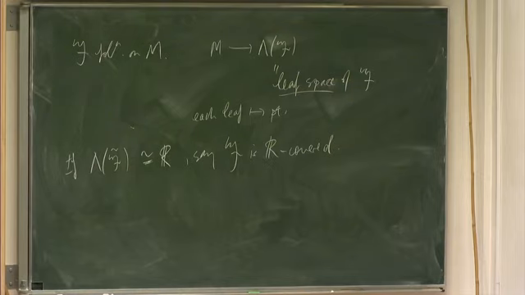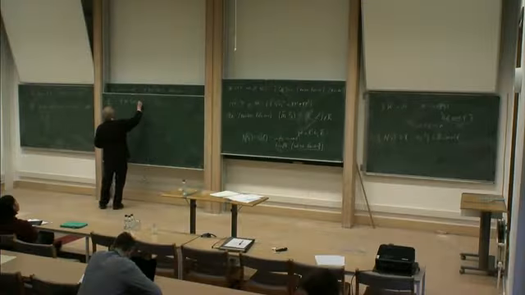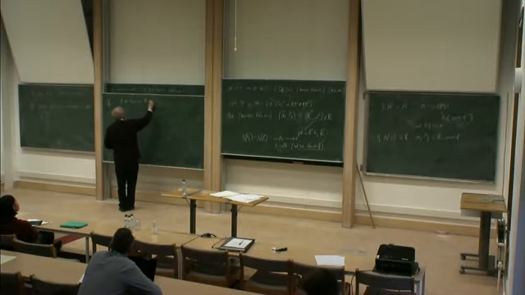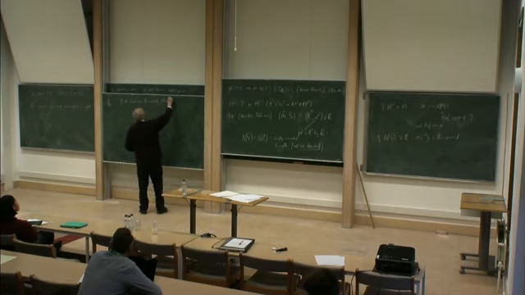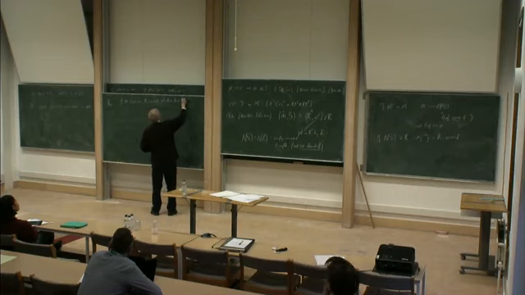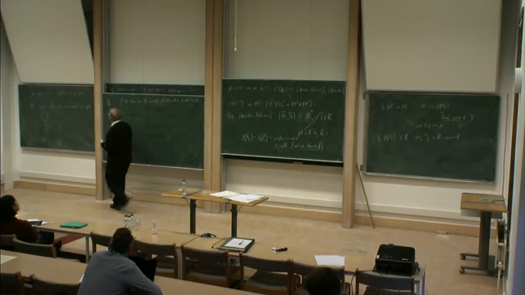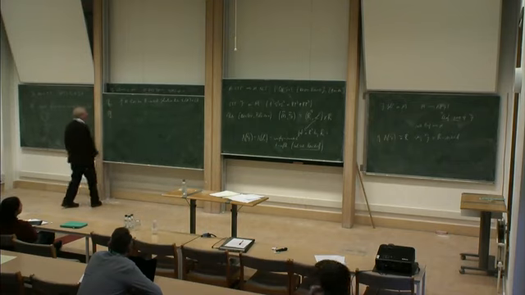The theorem is that if M has an R-covered foliation, then pi 1 of M is left orderable. And the proof is a nice way to finish, because it brings together what we said.